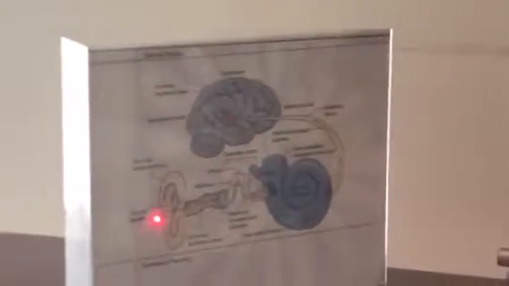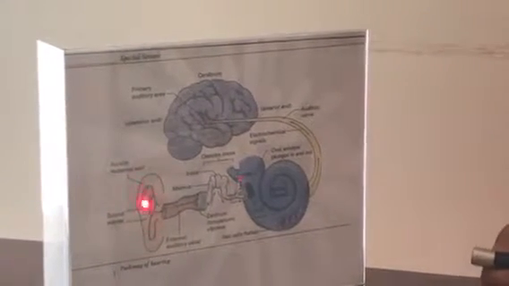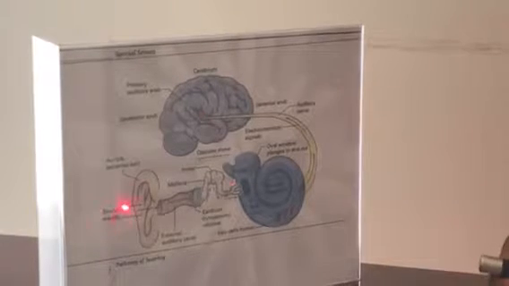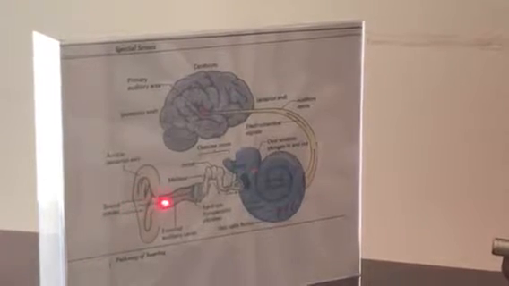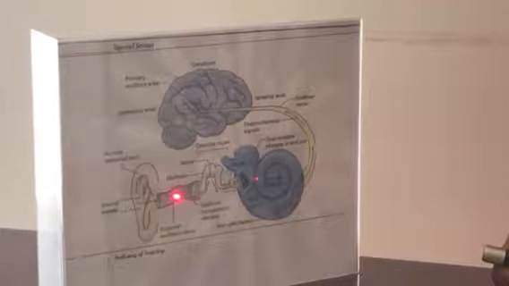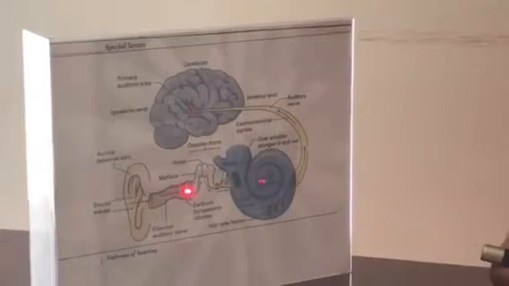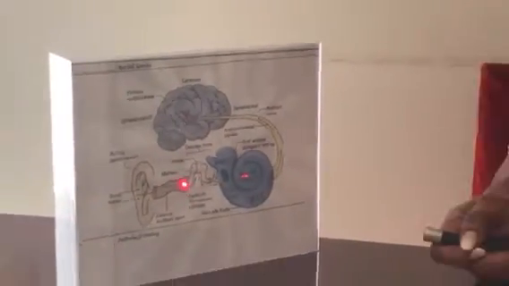The outer ear receives the sound waves. If you can see the arrows, the sound waves travel through the auditory canal, and this vibration meets the eardrum, and the eardrum begins to vibrate from those waves.